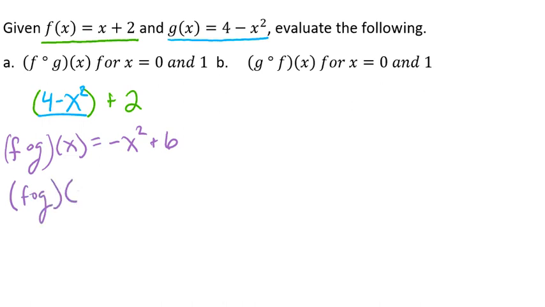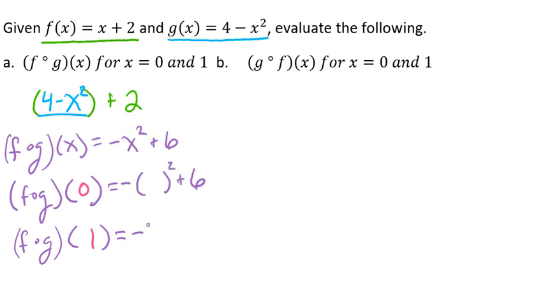It looks like at the numbers 0, and we're going to be evaluating that at the number 1. So we're going to go ahead and set it up. Notice that I'm removing the x, and that's where I'm going to put my values.